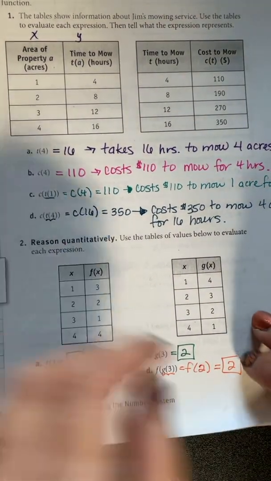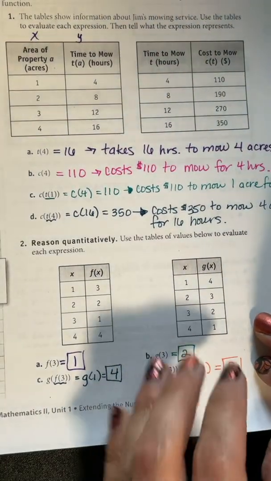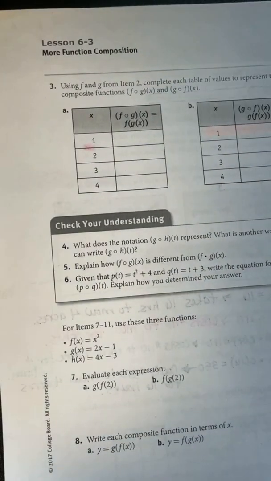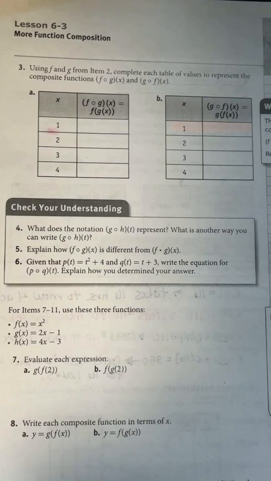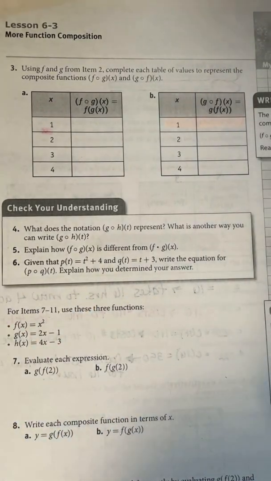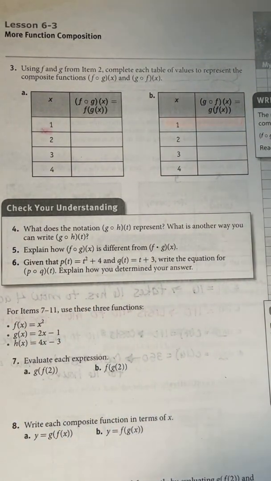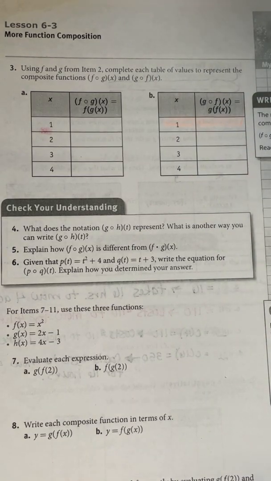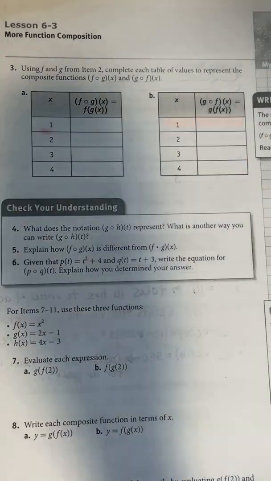So easy, right? It's just knowing how to follow the roadmap, pretty much. Turn the page. All right, number 3 says using f and g from item 2, complete each table of values to represent the composite functions of f of g of x and g of f of x.